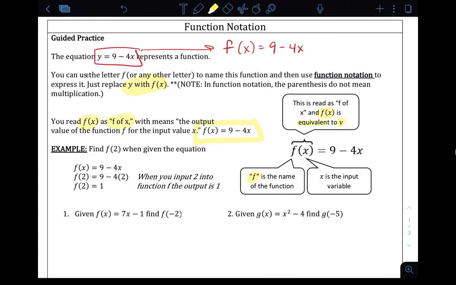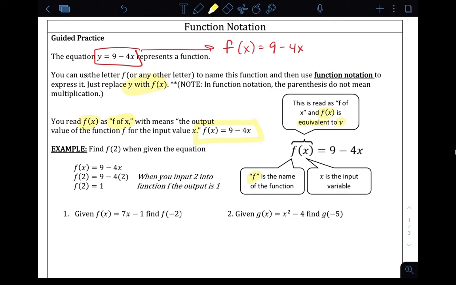Now that letter f that I chose to use is just the name that I'm choosing for that function. I'm just out of the blue choosing f. Most of the time, math people choose the letter f because we are actually referring to a function. Because function starts with the letter f, we usually use f. And then after that, if we have multiple functions, we just go down the alphabet.